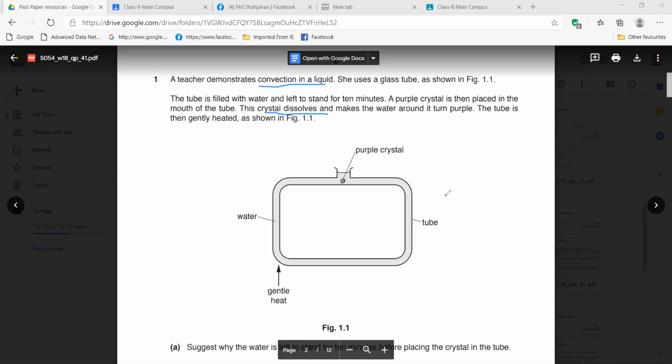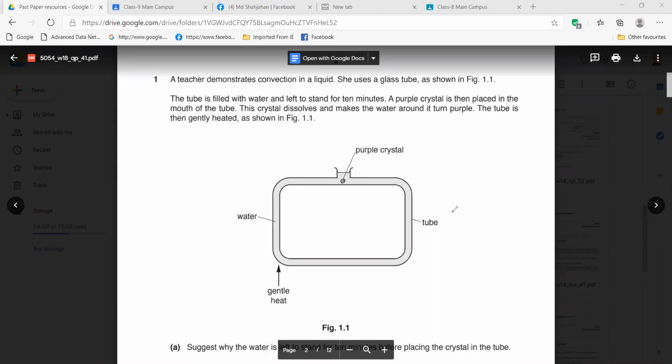Then the third point, what is the third point? Just now I told. Anyone please help us? Adnan Rahim, third point, what I told? Lower density molecules rise up and more density molecules sink down.